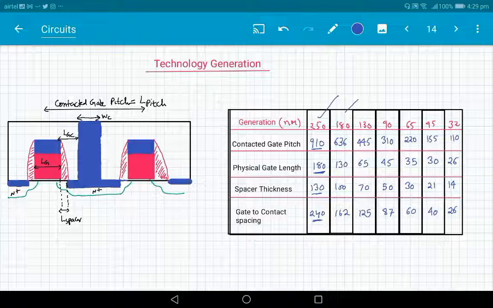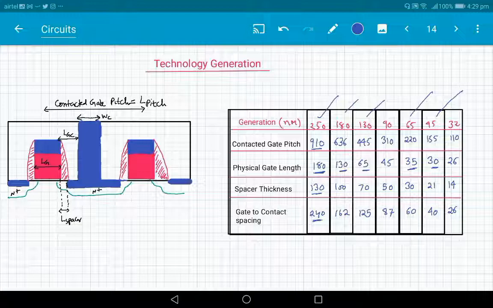So when we have 180 nanometer, the physical gate length is 130. When we have 130 nanometer, the physical gate length is 65. Similarly, when you go to 65 nanometer technology, the physical gate length is only 35. When you go to 45 nanometer, the physical gate length is 30. Right?